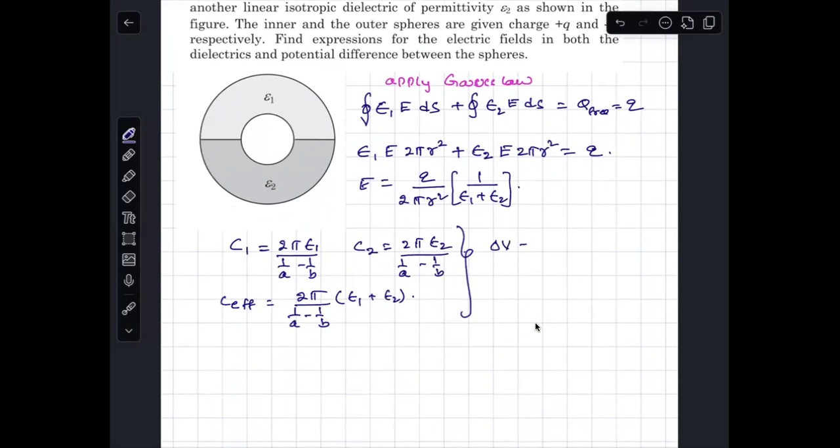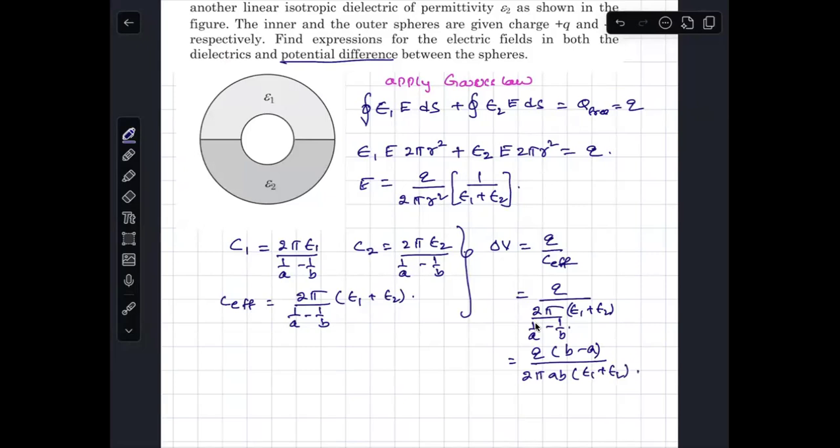Potential difference is Q by C effective. You want potential difference also, no? So therefore, Q by 2 pi times (epsilon 1 plus epsilon 2) by (1 by A minus 1 by B). So therefore, this is Q times (B minus A) by 2 pi AB times (epsilon 1 plus epsilon 2).